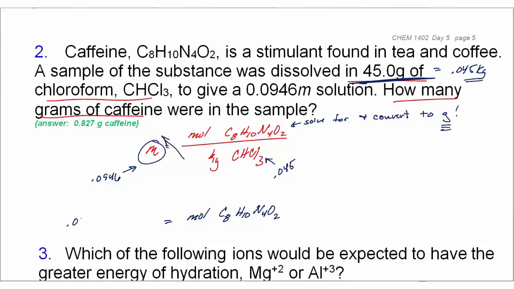We'll end up with 0.0946 times 0.045, and we'll have our moles, about 4.257 times 10 to the negative 3. Now we just have to convert that into grams.